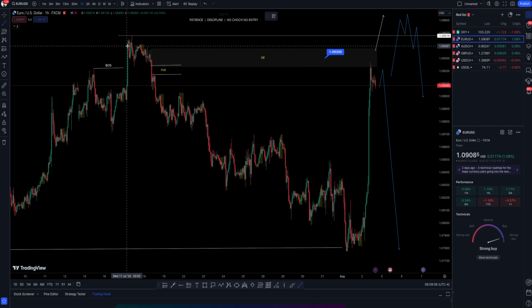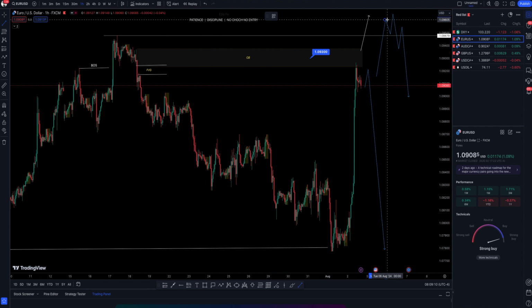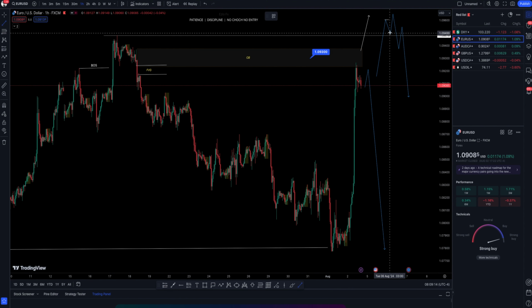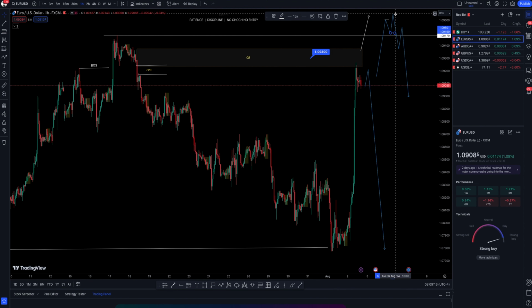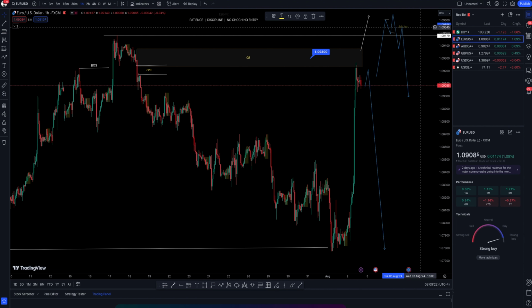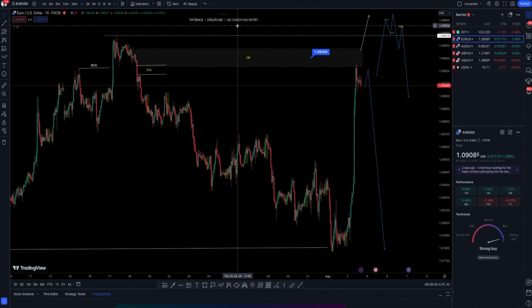So if the daily gets taken out, that's a great one. That's one to look out for, and then obviously, something like this. You can have a little fair value gap there.